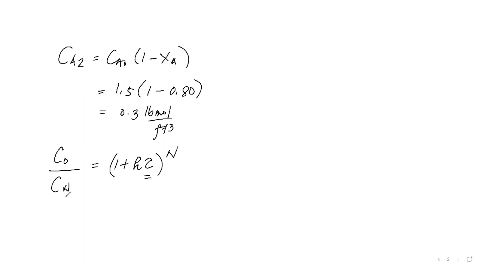In our case, our initial concentration in this problem is 1.5. We need to divide that by this concentration that we just determined. And this will allow us to determine the tau. Our K is given by the rate law, so I will not go back to that anymore.